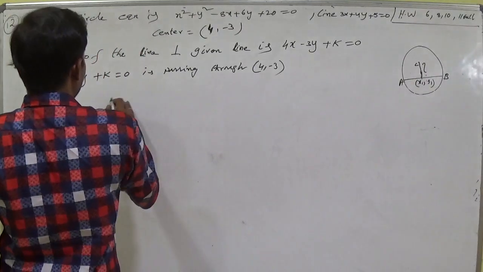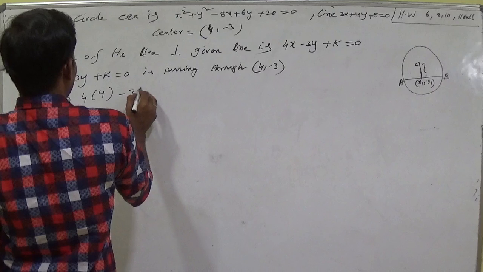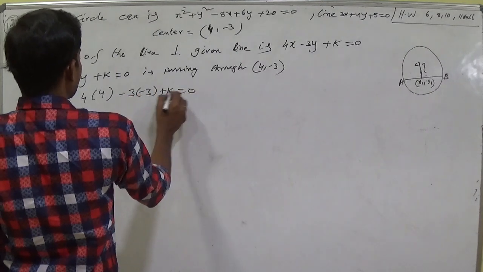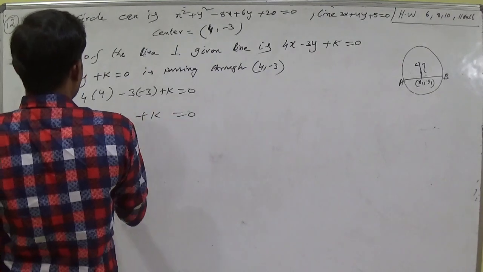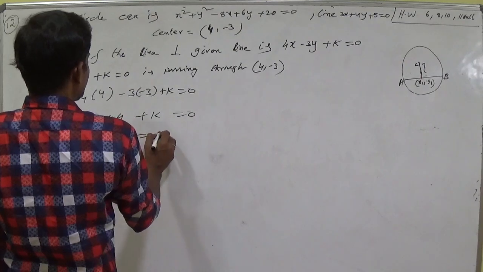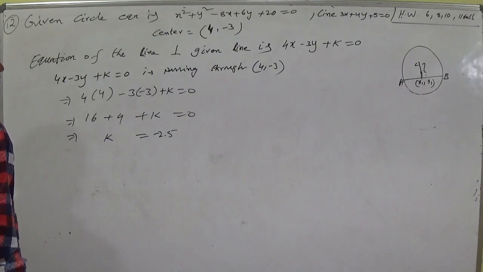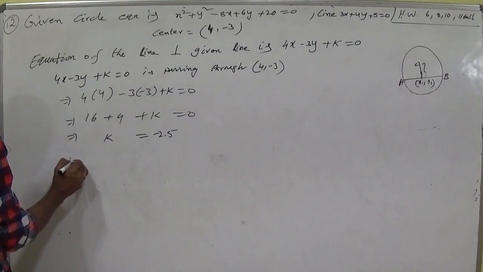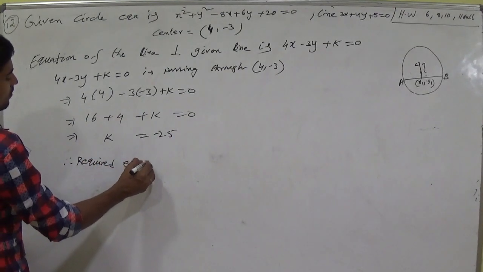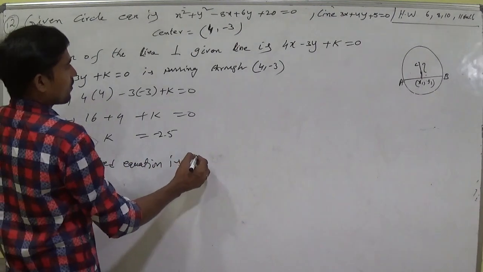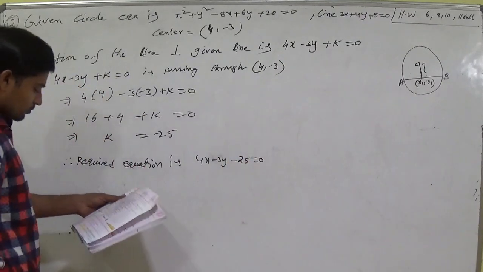It implies 4 into 4 minus 3 into minus 3 plus k equal to 0. 16 plus 9 plus k equal to 0. K equals minus 25. Therefore the required equation is 4x minus 3y minus 25 equal to 0, right?